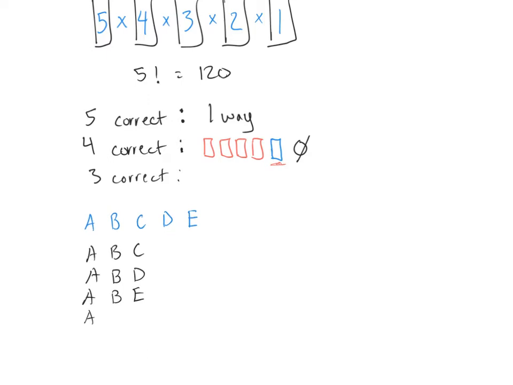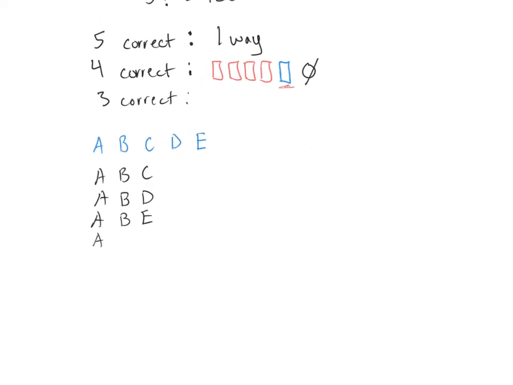And then we have A, C, and D, A, C, and E, A, D, and E. So all of those are possibly right payroll checks. And once we get to B, we can have B, C, D, B, C, E. We're starting to see a pattern here.